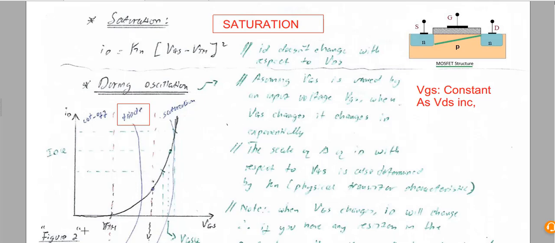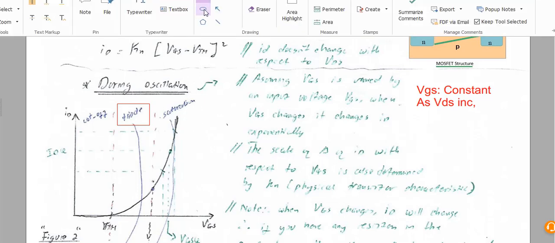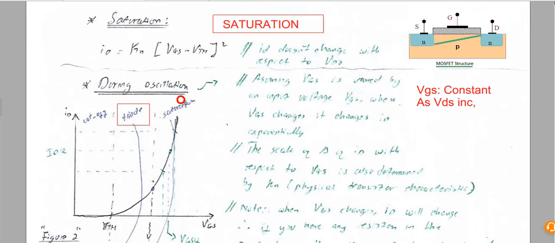The relationship between ID and VGS is shown in this graph. So, let's say now we have current, we have VGS, assuming that VDS is somewhere up here, meaning we have some specific VDS up here.